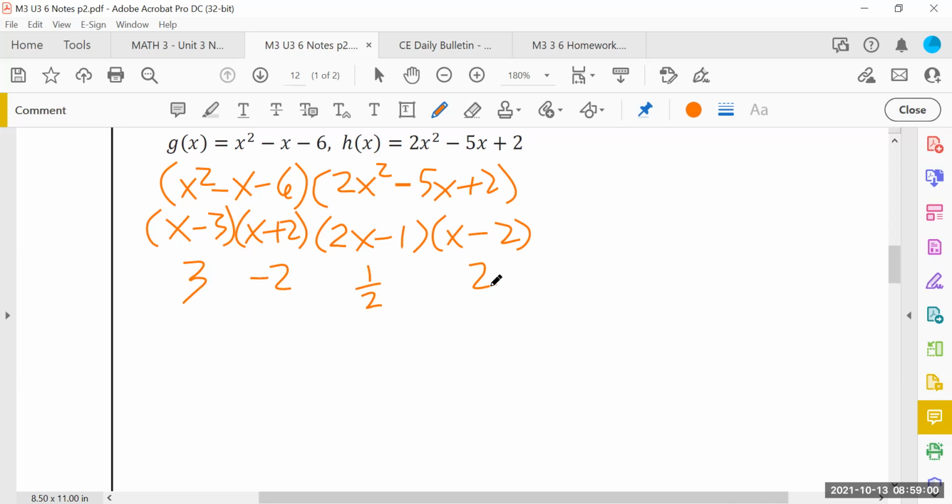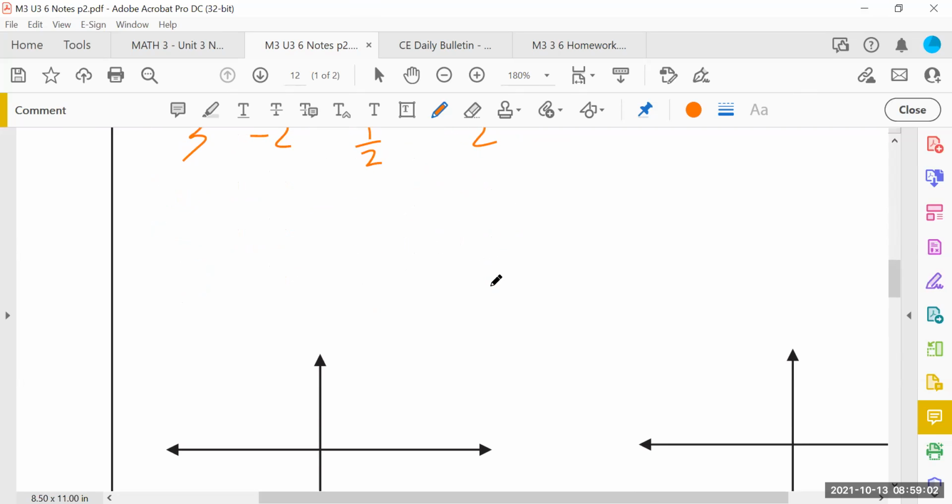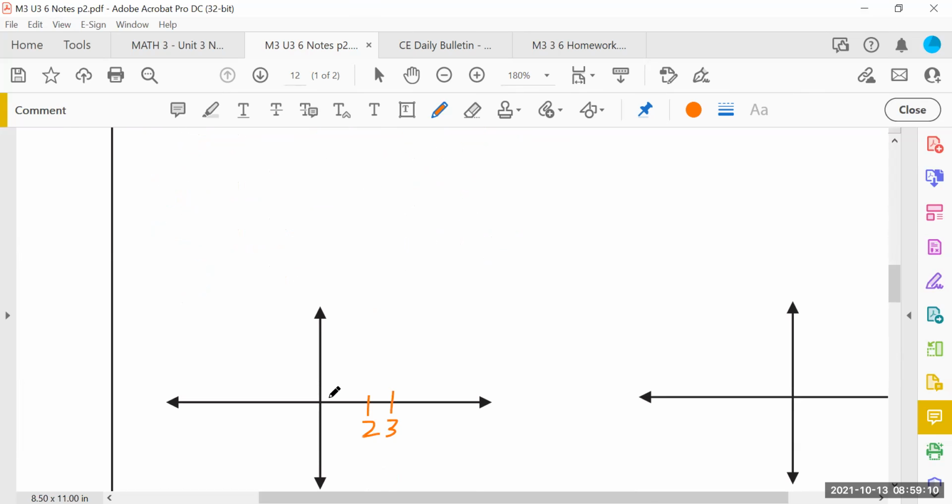There we go. Put them all down. x-intercept at 3, x-intercept at 2, x-intercept at 1/2. Try to space them correctly. If you want to make little hash marks and actually do 1, 2, 3, 4, 5, and then put the points on it, that's fine. I just need to see it labeled, and it needs to be in the right order. And then -2.